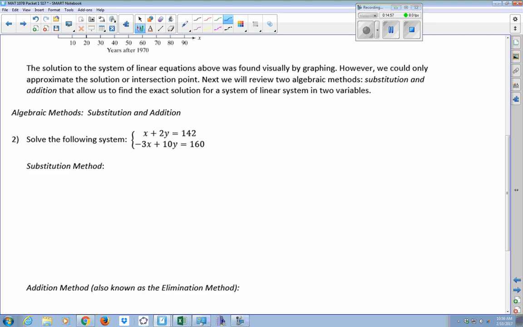And what I mean by that is, does one of your variables already have a 1 as a coefficient? And you can see in this very first equation right here that x has a 1 for a coefficient. So you could take that equation and easily rewrite x in terms of y by solving for x.